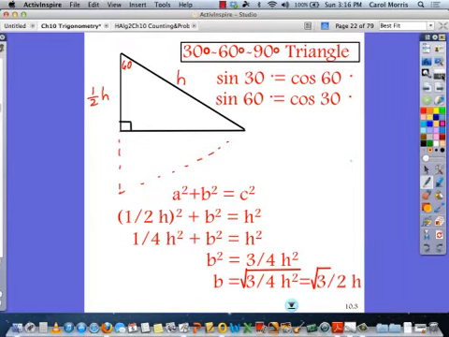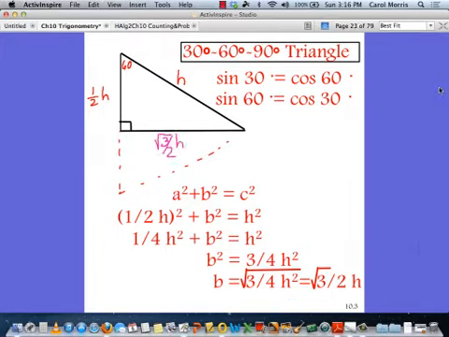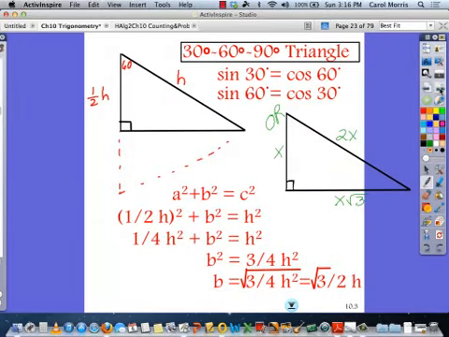Now if you look at this, square root of 3 over 2 is not a really nice number, and actually some of you who don't like fractions found a quick and easy way to get rid of all these, and that was to double them. If you doubled 1/2 h, and just made it a bigger triangle, then you ended up with edges like this.